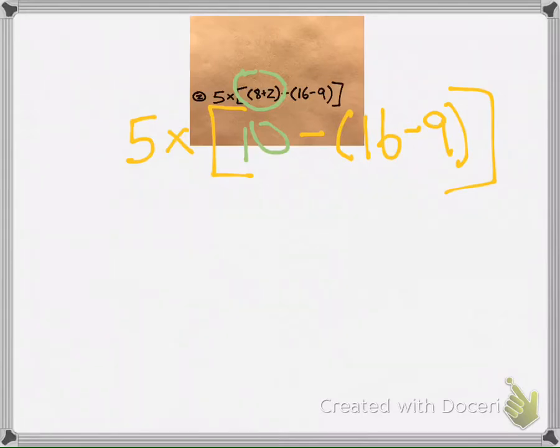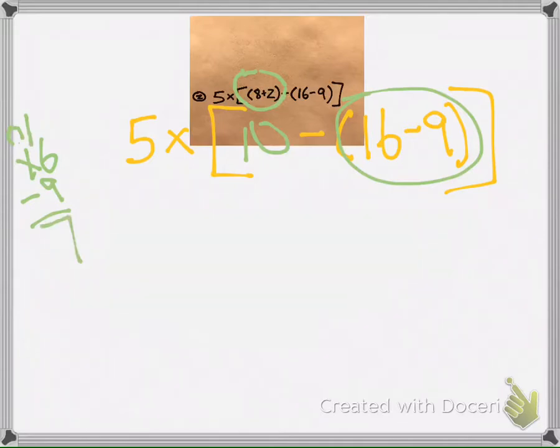Now, I'm going to find my other color, circle my second set of parentheses, 16 minus 9. Go ahead and do the work on the side. If you can do it in your head, that is even better. And we get 7. And then switching back to our other color, go ahead and rewrite everything else.